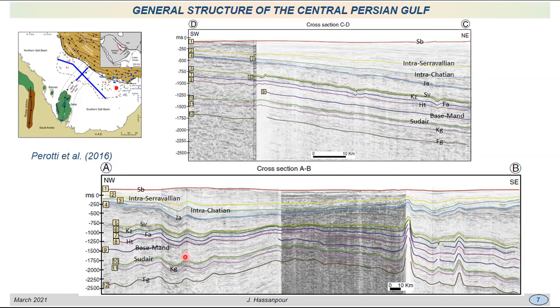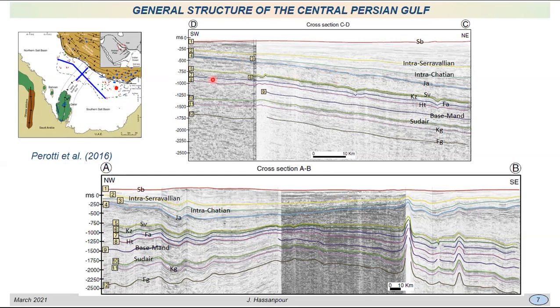And on both sides, we have major depocenters containing salt structures from the Hormuz Salt and associated with thickening of the sedimentary cover from the paleo high toward both flanks.